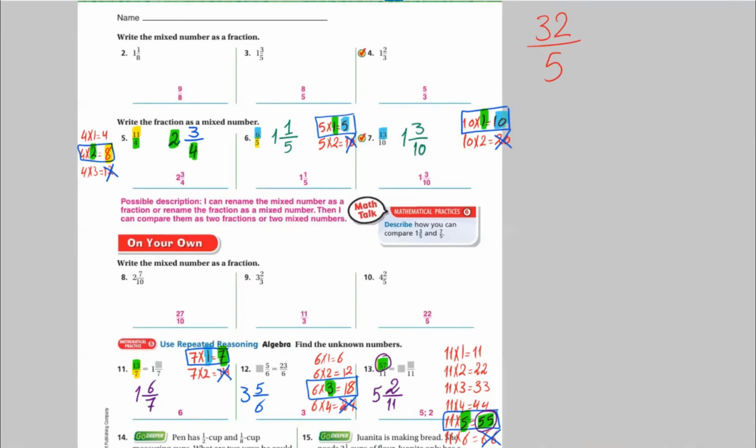Yazan, are you there? Yes, I'm here. Okay, so how can we solve that? 32 over 5. We want to write it as a mixed number. How can we write 32 over 5 as a mixed number?